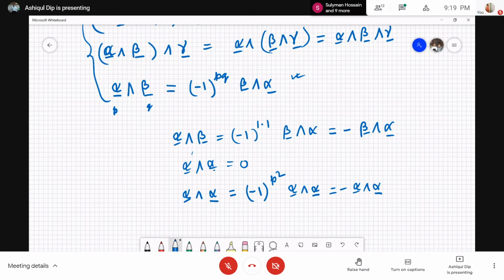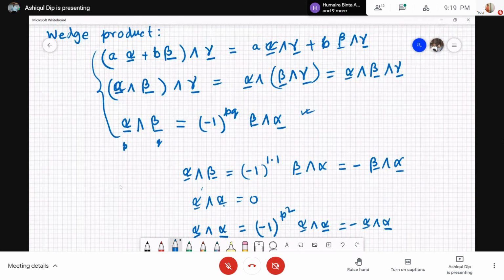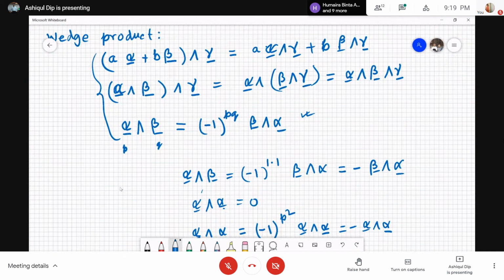In that case, it's 0. But what if p is even? It's a two form, say. I guess we can't conclude anything from this expression because it will be both sides 0. Yes, we cannot conclude. So which one can we use to show anything?